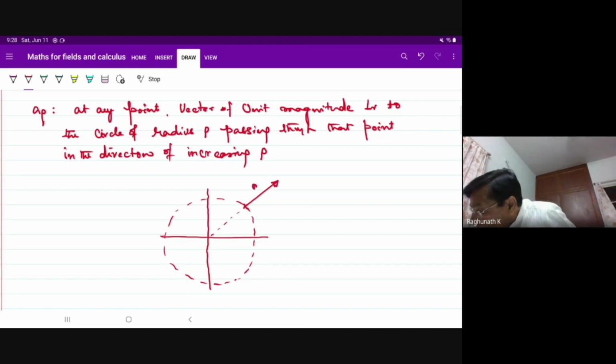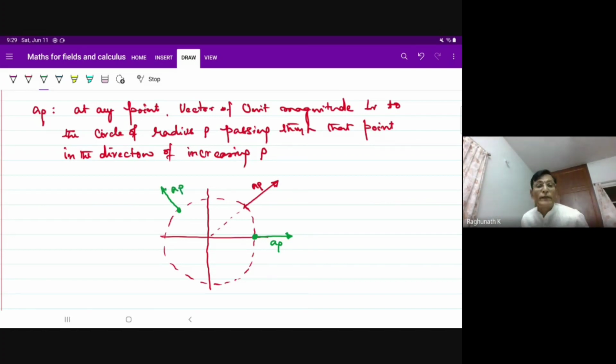At this point, a rho. If the point were to be there at this point, a rho is this. If it is there here, a rho is this. Very, very important for us to know this.